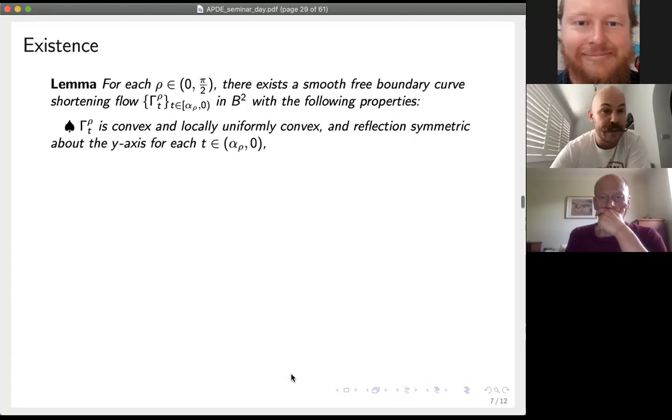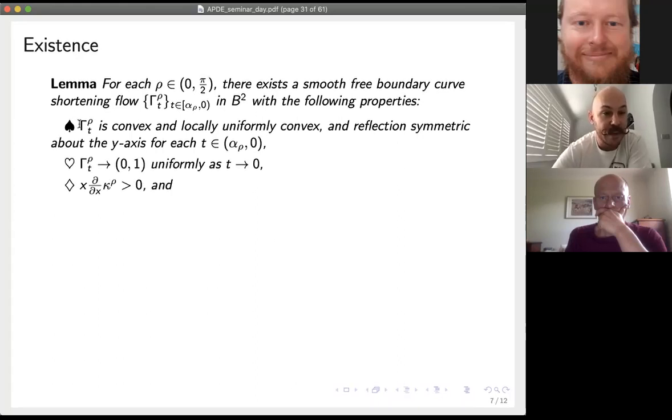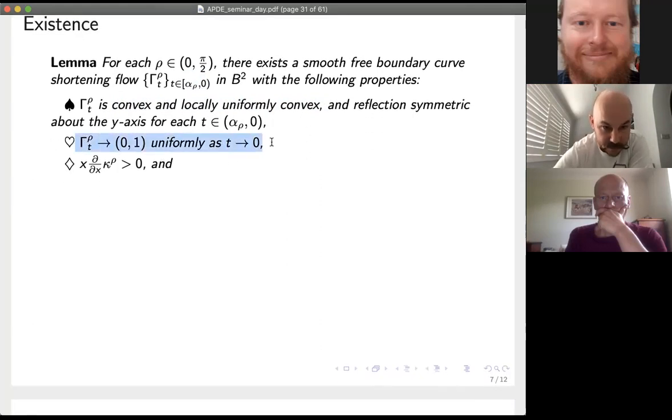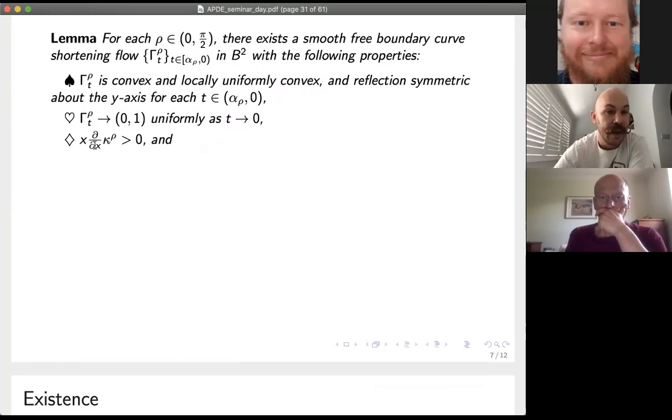So the lemma is that we flow these things by free boundary curve shortening flow. We get a solution to the flow. We time translate that solution so that the final time is time 0 and the initial time is negative. And we get something which is convex and locally uniformly convex, and also reflection symmetric, unsurprisingly. By Stahl's theorem, they collapse to a point, and due to the reflection symmetry, it has to be this point as t goes to the final time, which we've made 0.